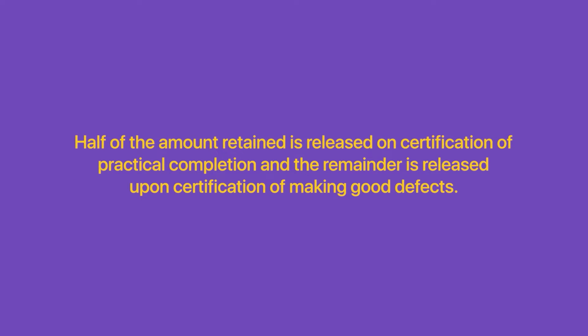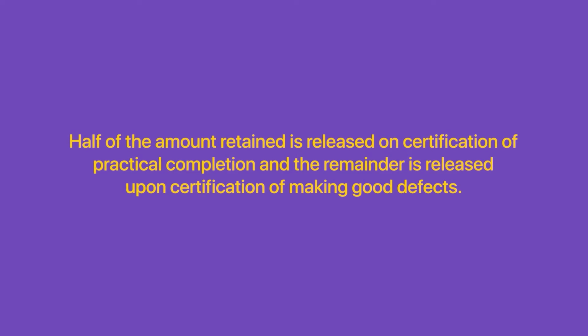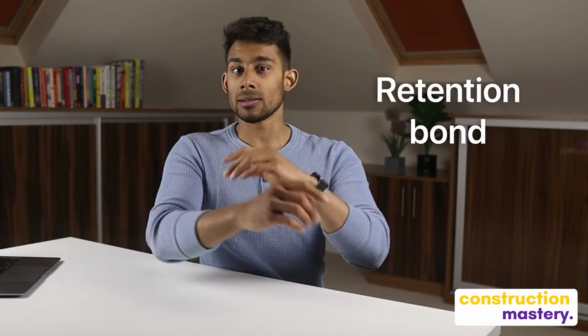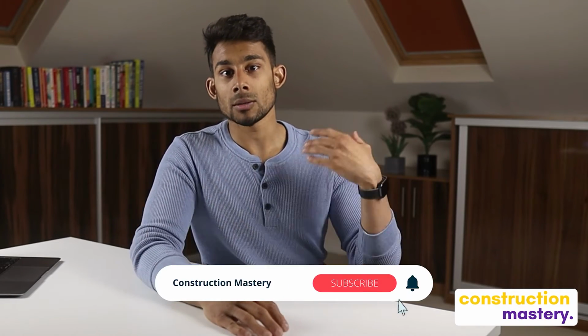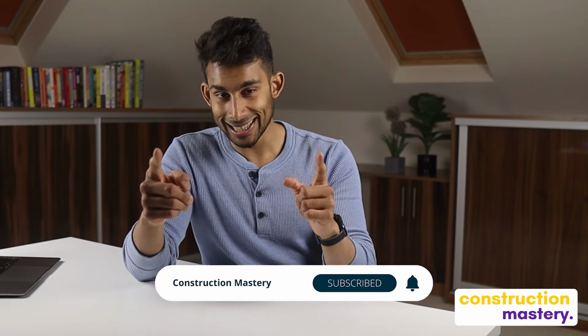Half of the amount retained is released on the certification of practical completion, and the remainder is released upon certification of making good defects. And that's a key point. Please remember that. An alternative to retention is a retention bond, where the client agrees to pay the amount which would otherwise have been held as retention, but instead a bond is provided to secure the amount that would have been retained. I hope you guys are with me.